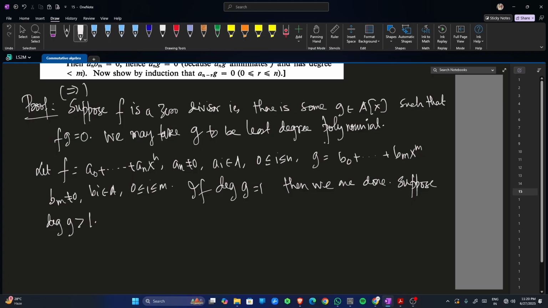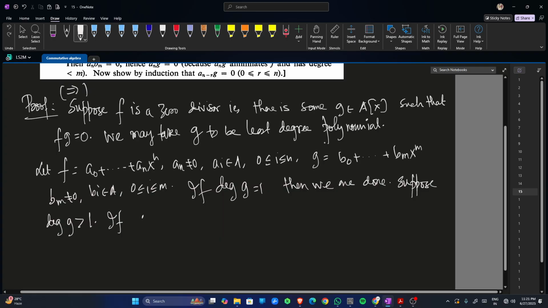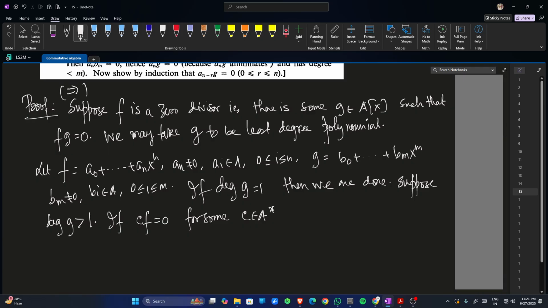If cf equal to 0 for some c belongs to A star, then we are done. Otherwise, we assume cf is not equal to 0 for all c belongs to A star.